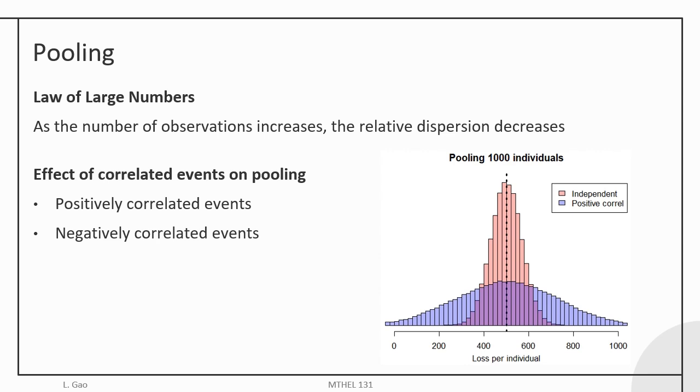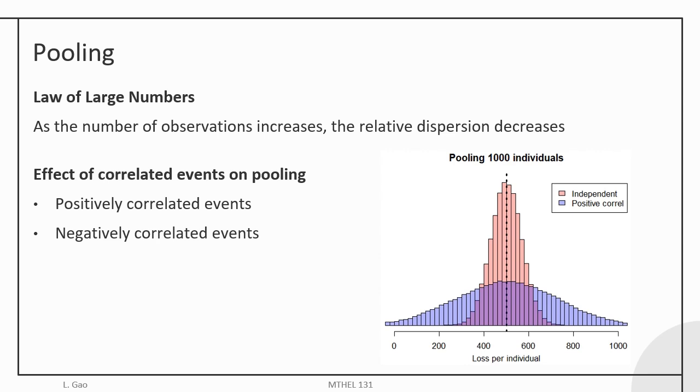If we're pooling together 1,000 positively correlated losses, that's what the distribution looks like for one individual's pooled and shared losses. And so there's, again, sort of greater probability in both ends of the distributions, so that the expected value is still the same, but there is now higher relative dispersion compared to the independent case.